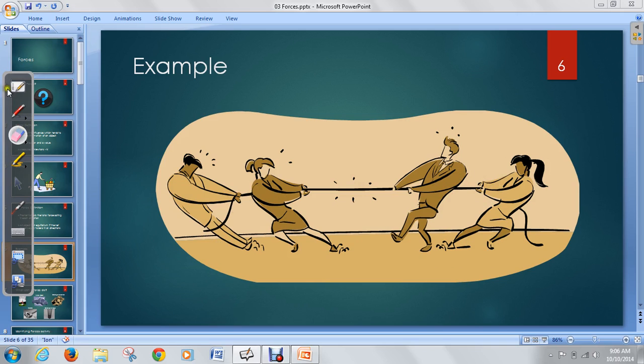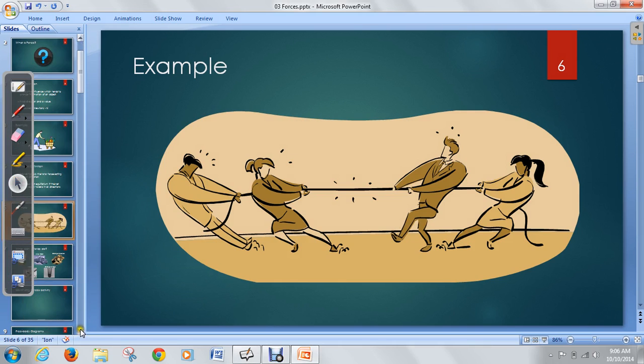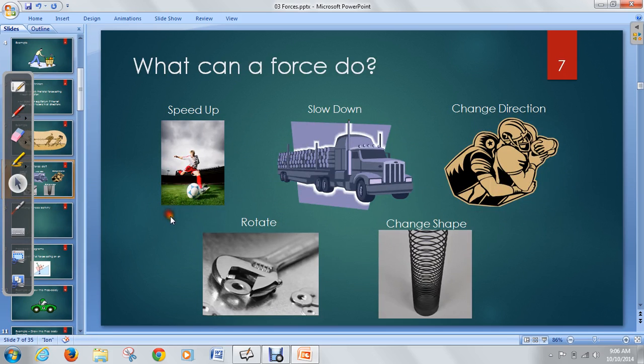And just say there's this much force going this way, and there's this much force going that way. So if these two forces are the same, then the rope is in equilibrium, so it's not going to move or change direction. So we take a very complex diagram and make it into a simpler one with just two arrows using net force.